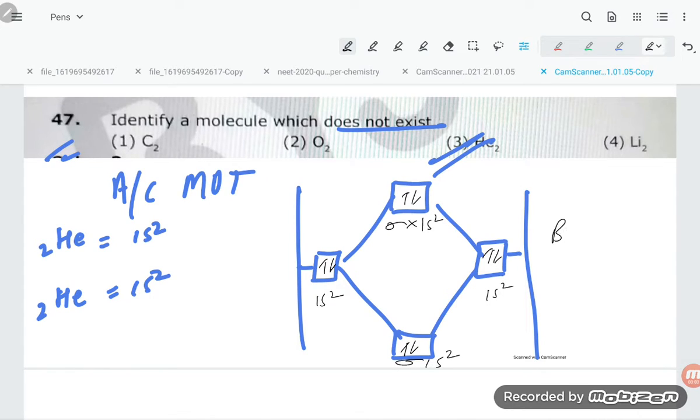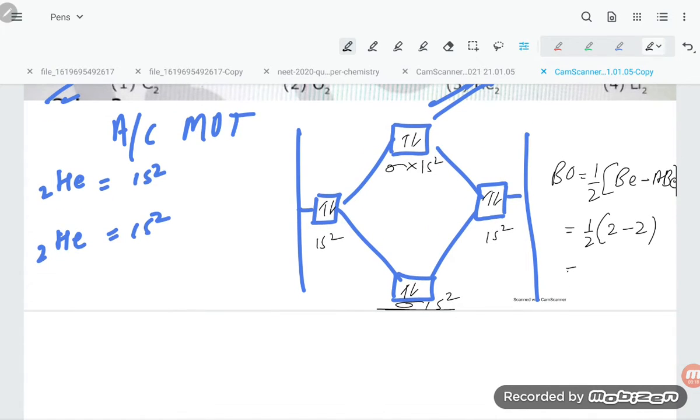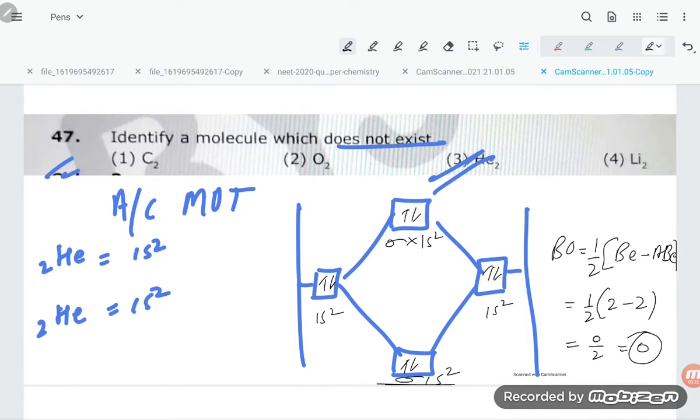So if you are calculating bond order, it is 1 by 2 into the number of bonding electrons minus antibonding electrons. Bonding electrons, how many are there? These are the bonding electrons. So 1 by 2 into 2 minus antibonding 2, 2 minus 2. So it will come 0 by 2, which means 0. So bond order is 0.